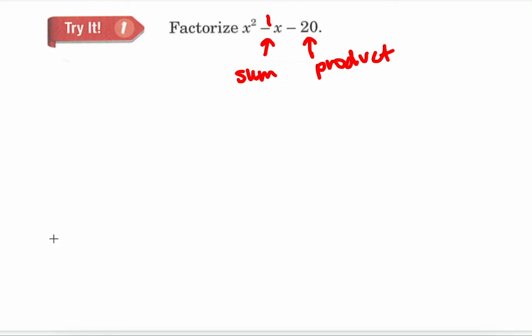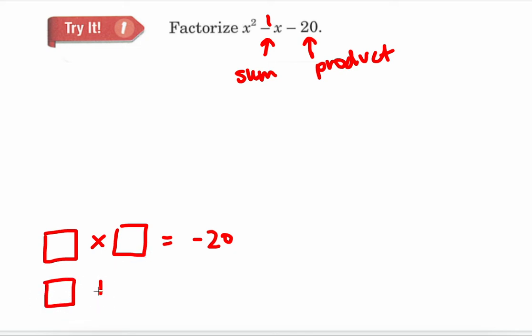Okay? So I'm going to draw my little boxes again. I need to multiply to get to negative 20. Don't forget those negatives. And then I need to add to get to negative 1.